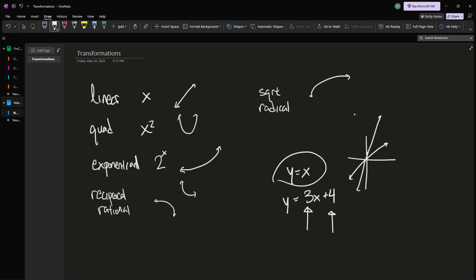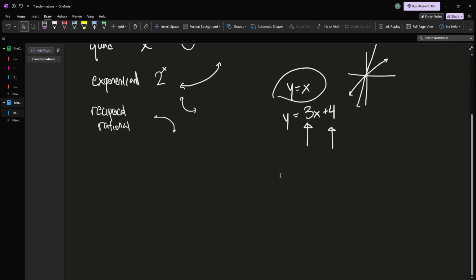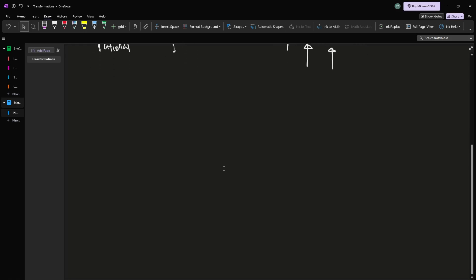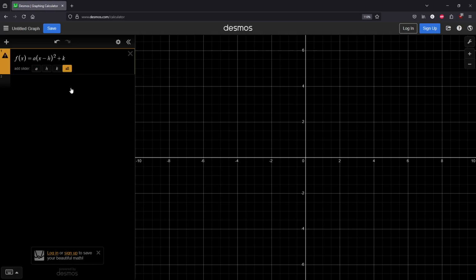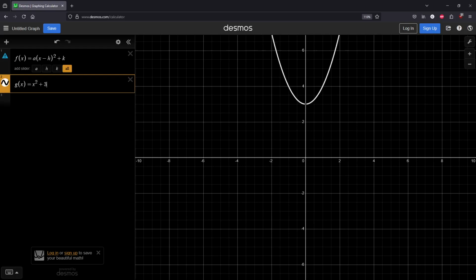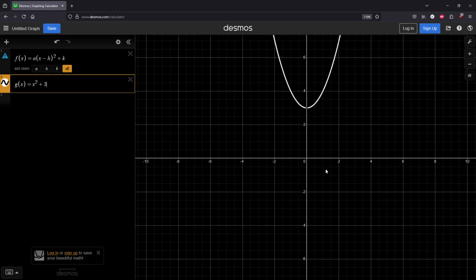So let's look at a couple of examples and see what possible ways we have of changing these functions. First off, let me use Desmos for this, so it's easy to see. Let's hide this for now. Get rid of those. And let's say, for example, I have g of x equal to x squared plus 3, and here's my graph.